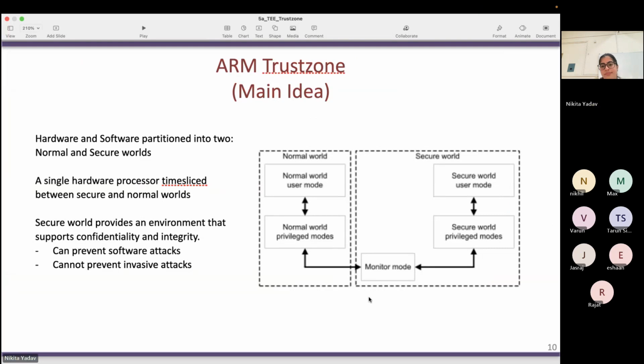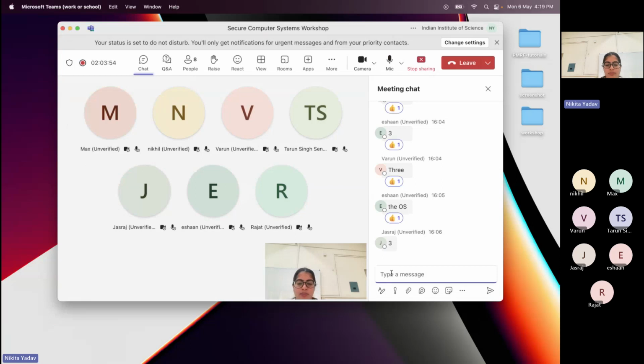So maybe I can ask quickly. So you have these, now how many rings are used in this?